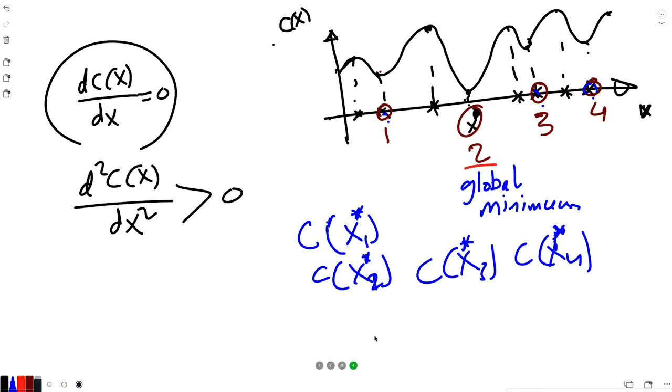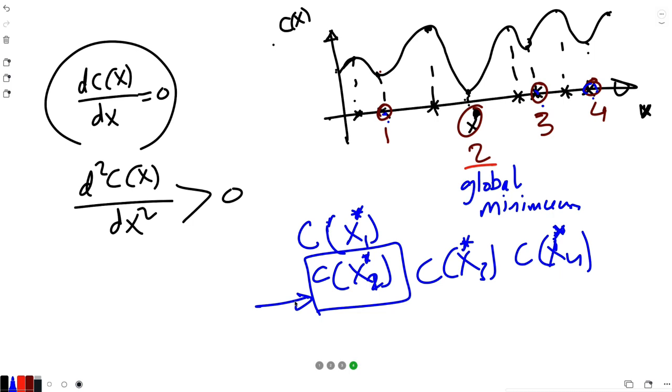After that, we can select the minimum of those. Of course, the minimum will be this one. Then we know that we are now achieving the global minimum. This is actually a very simple way to do that. However, unfortunately, this is not possible in most of the cases.